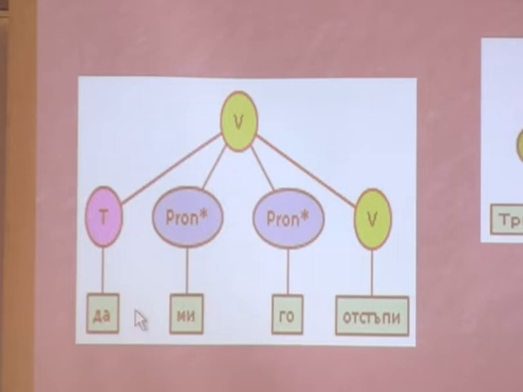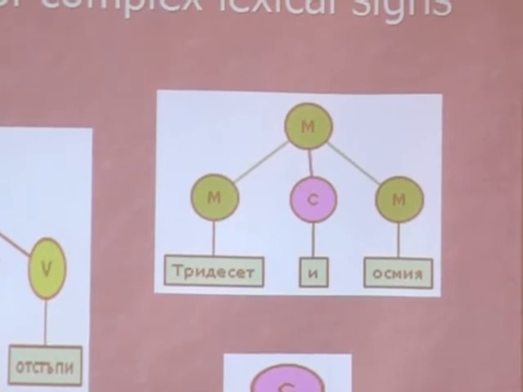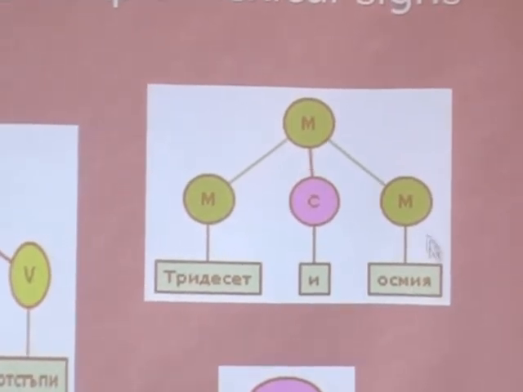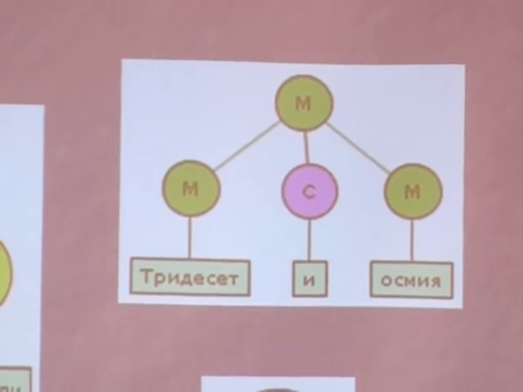And in our scheme, we consider it to be a lexical sign, not a phrase. Then the same, as I said, for numerals. For example, 30 and 8. It is one lexical sign and one subordinator, which means in order to.